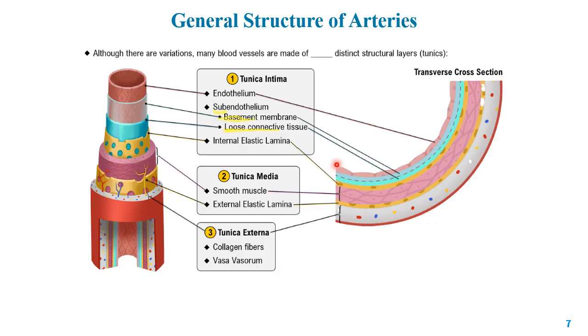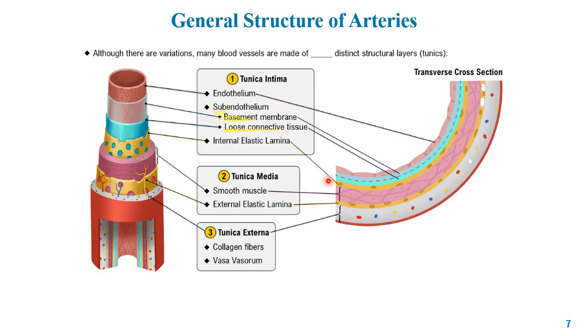So in the tunica intima, you have one endothelial layer, then these fibrous layers, and then you have a very elastic layer, especially for the bigger arteries. That one is the internal elastic lamina, an internal elastic sheath.